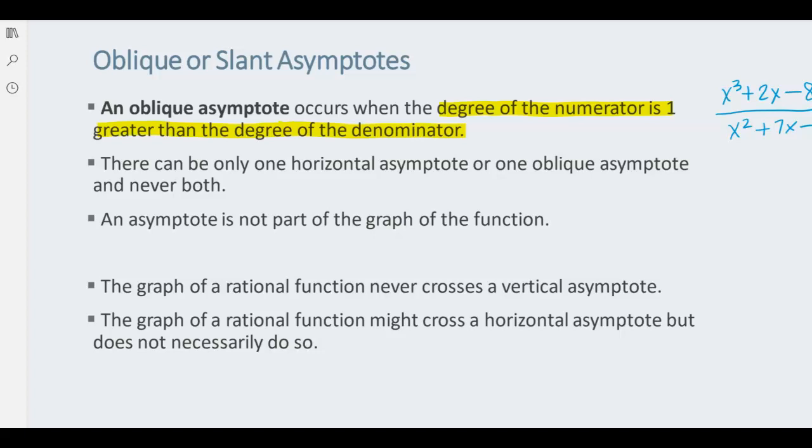A couple key things to keep in mind is that a rational function is never going to pass a vertical asymptote, but it may cross a horizontal asymptote just based on the different components of a graph. The graph may act like a horizontal asymptote for parts of the graph, but not for another section of it.